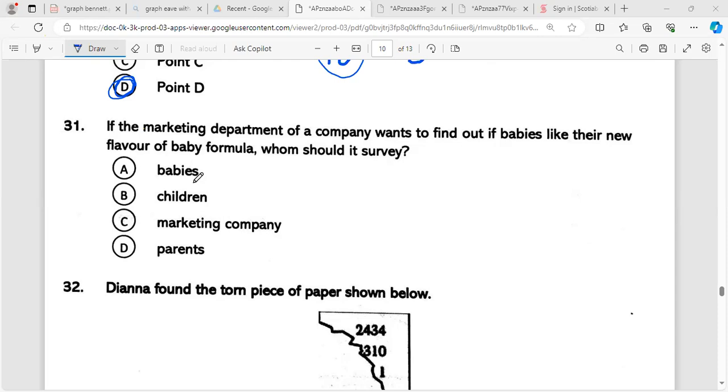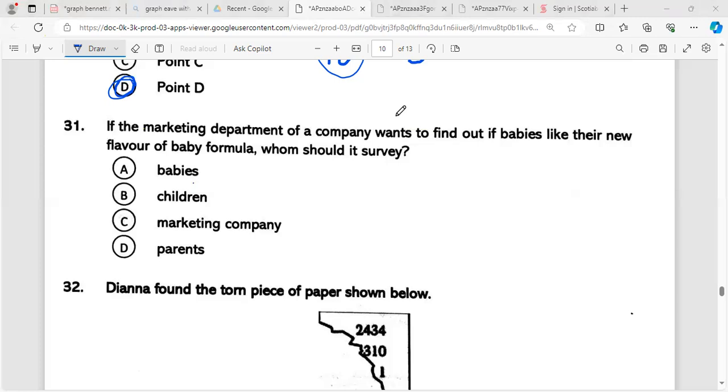However, the company is not going to mix the feed and give the baby to observe, right? So it would have to go through the parents since it's a baby. If it was a certain age, like probably teenage, and you want to administer it to the teenagers, that wouldn't be bad because you could do it literally to them. But it would have to go through the parents.